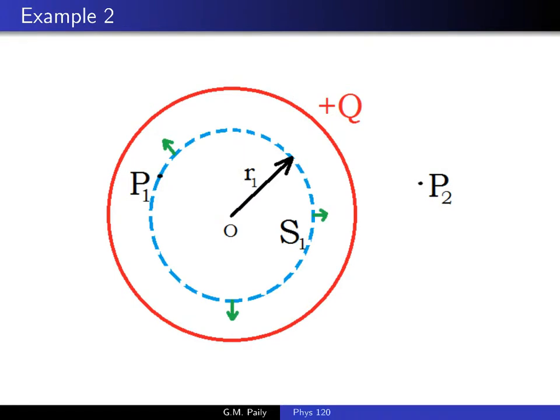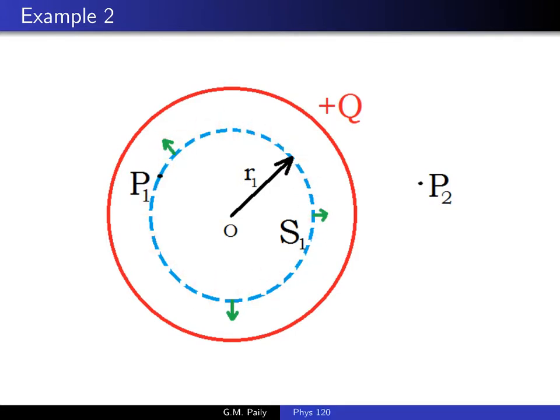Whenever we want to use Gauss's law, we have to start by drawing a Gaussian surface. Since here the charge has spherical symmetry, our Gaussian surface is also a sphere. We will call it S1. I have drawn it with that dashed line to remind you that it is simply an imaginary surface.